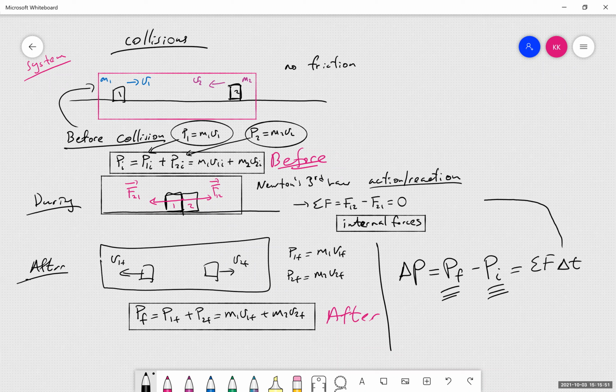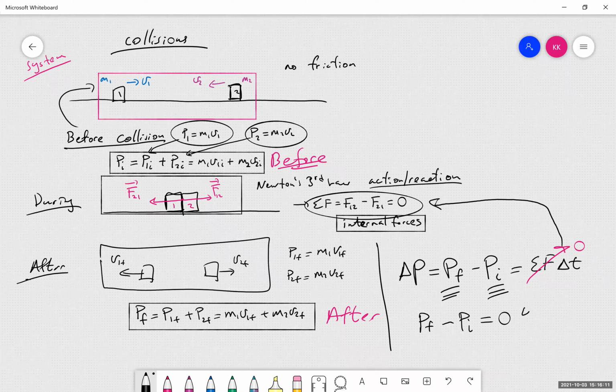But here's what we get. We just talked about how those forces are internal forces, and they cancel each other. That means my net force is 0, so this right side of the equation is 0. So the momentum of the system after the collision minus the momentum of the system before the collision equals 0.